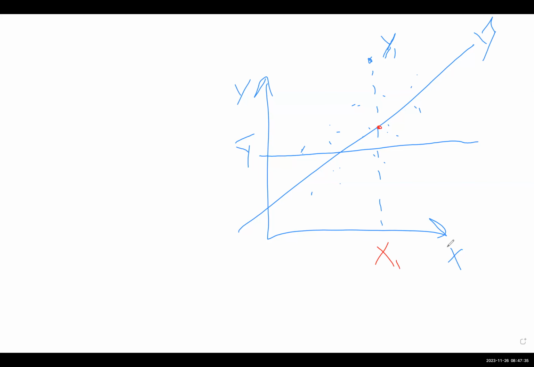So this point right here, we call it Y hat 1. That's the predicted value for that person. And we get that prediction value because we estimate the regression line and we just plug in their value of X1. And then we have the intercept, which is over here.